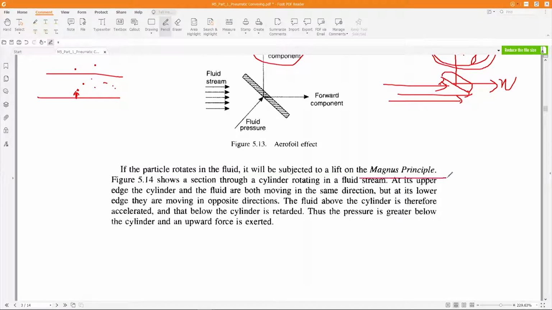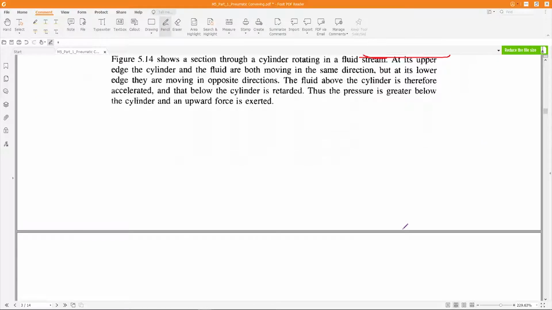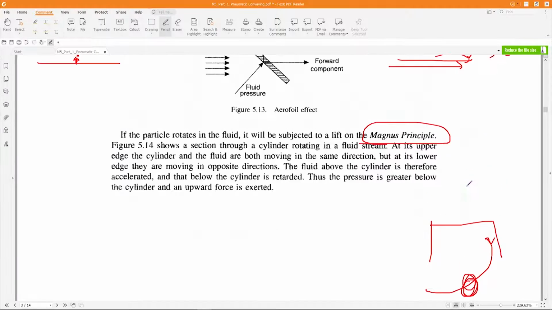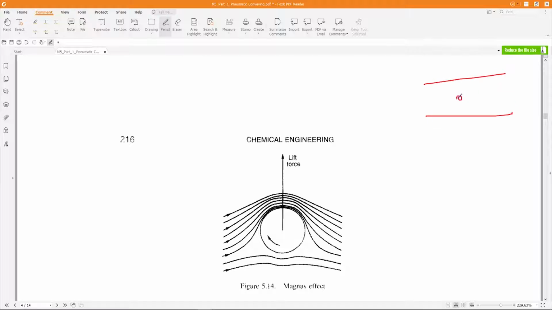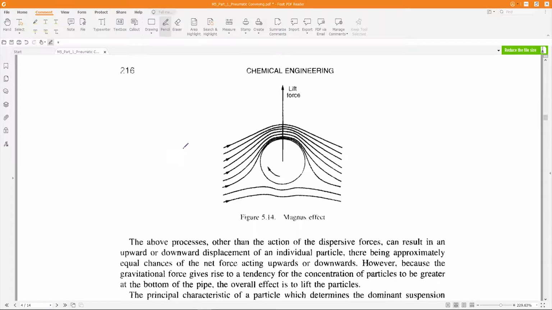And the next one is the Magnus principle. You already know the Magnus effect, how a footballer swings the ball. What happens if the particle is rotating in this pipe? During the flow, let's say the particle is rotating. As you can see, the air direction is in this direction, and the particle is rotating clockwise.